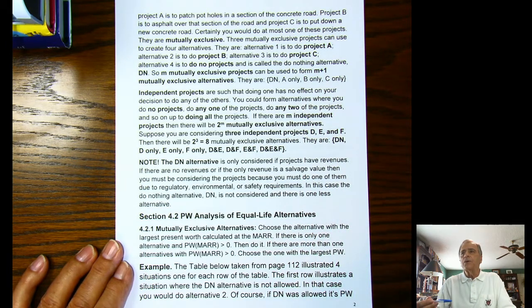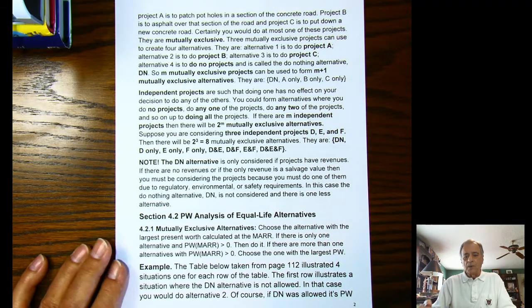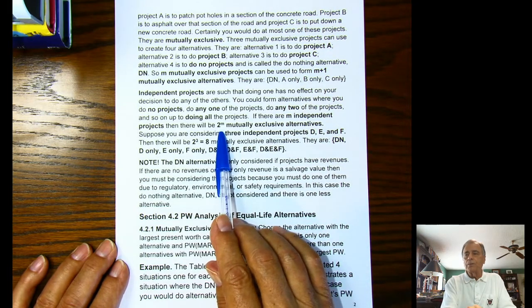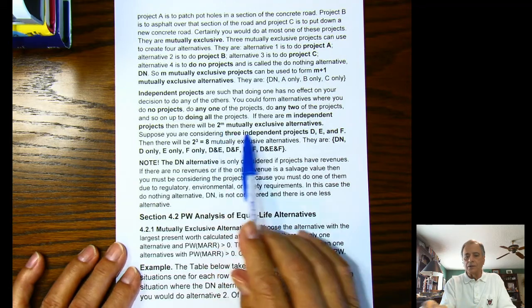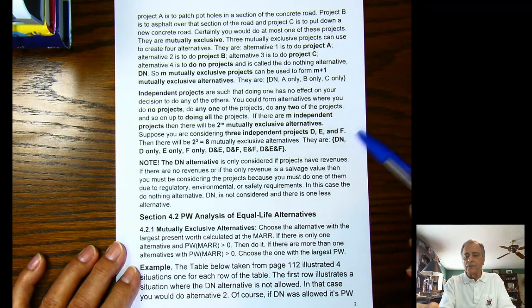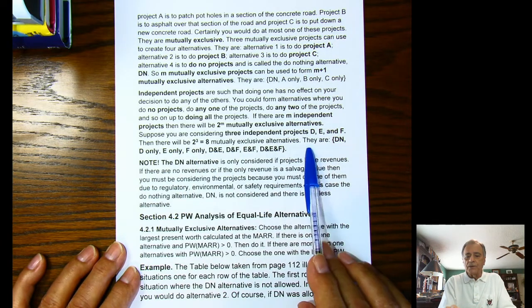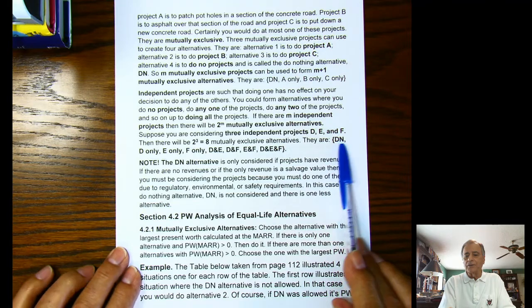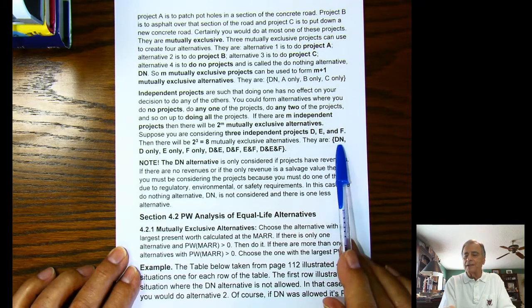So I give the example, suppose that you had 3 independent projects, D, E, and F, and now you're going to form alternatives. Well, since there are 3, there would be 2 to the 3rd power, or 8 alternatives that you can create from these 3 projects. We'll start with the first alternative, which is to do nothing. That alternative has none of those 3 projects in it.